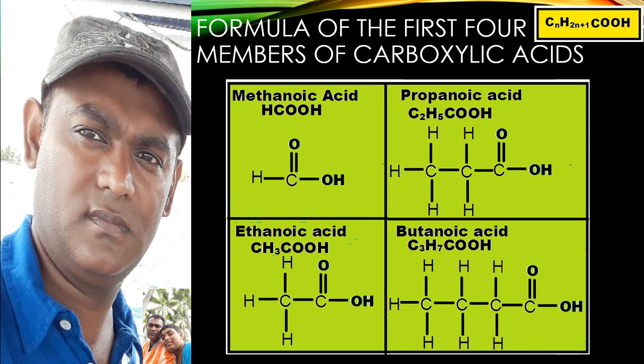Second and third carbon contain 2 hydrogen atoms with single bonds. In between the first, second, third, and fourth carbon, there is a single bond between the carbon-carbon atoms. And the fourth carbon atom contains the carboxylic group. That is, carbon attached to oxygen with a double bond, and the fourth bond with a hydroxy group, that is the OH group.